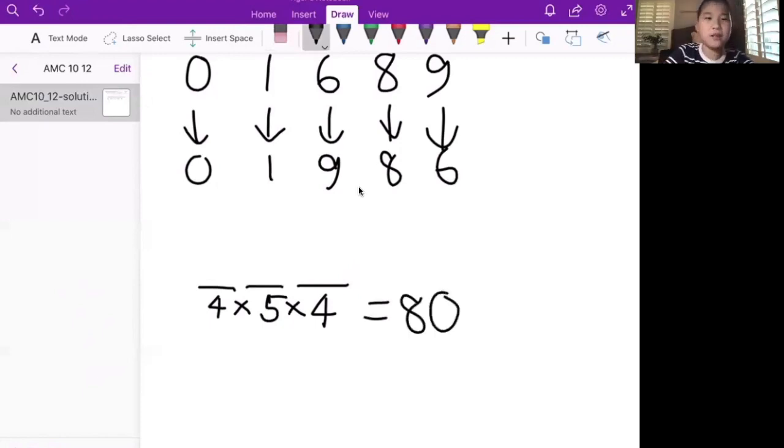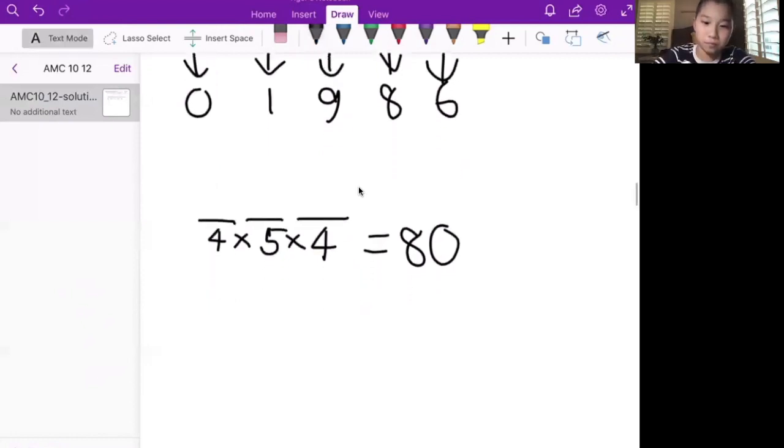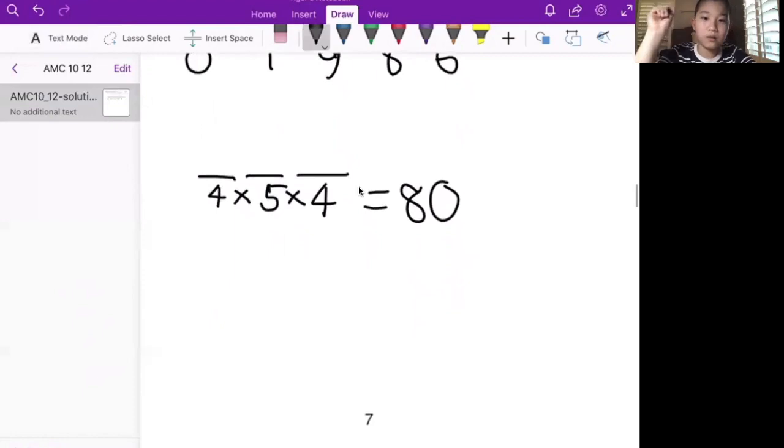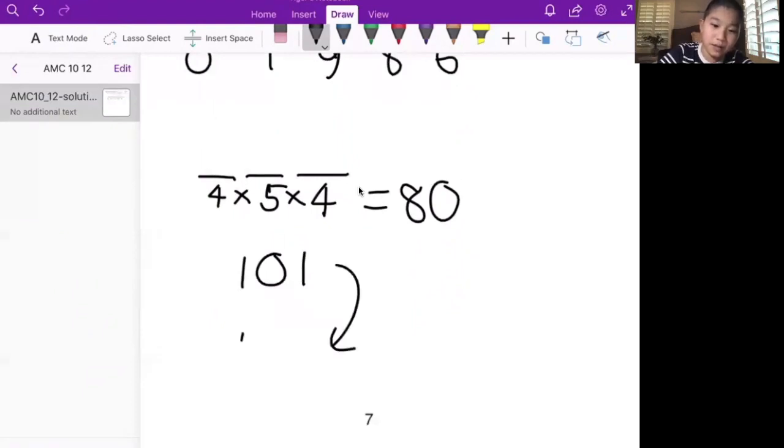Are we done here? No, this problem has a bunch of other loopholes that we need to resolve. So first, let's think of what happens when a number like 101 is turned backwards. It's still 101. Not turned backwards, but I mean like rotated over.